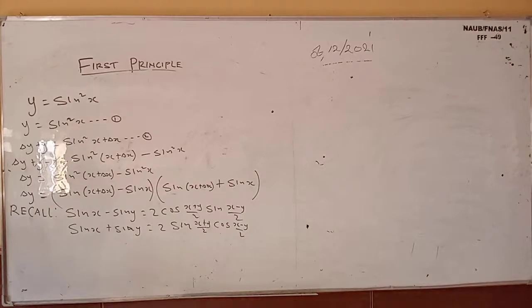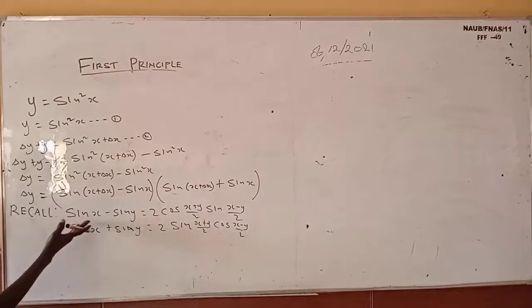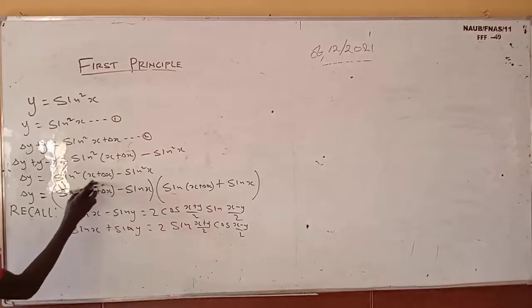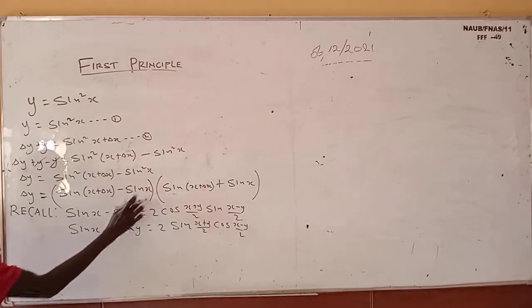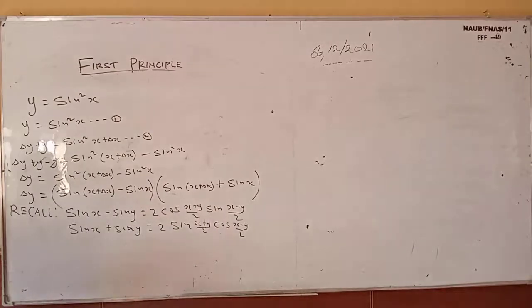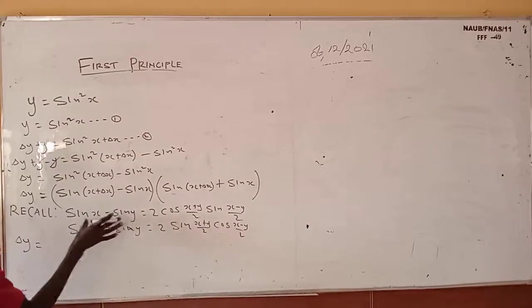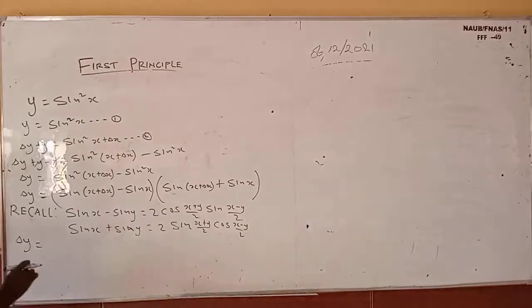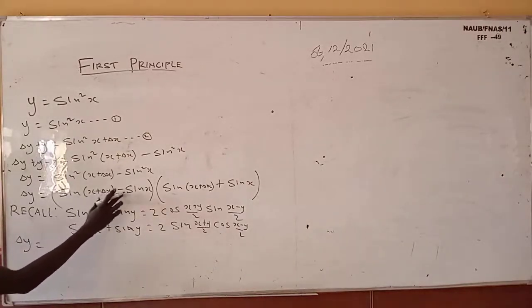So now, let's compare. Anywhere I see A, I will replace it with x plus change in x. Anywhere I see B, I will replace it with x. Do you get that? So change in y will be equal to, and don't forget this is the answer for this, sin of (x plus change in x) minus sin x.